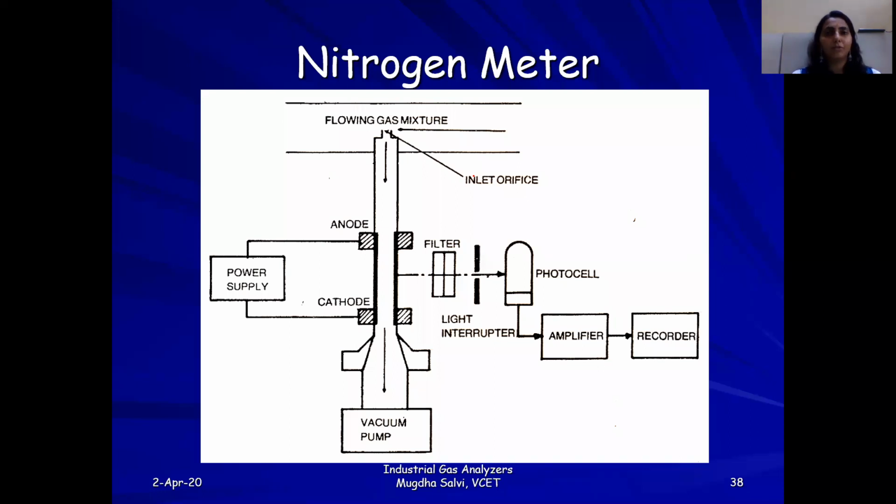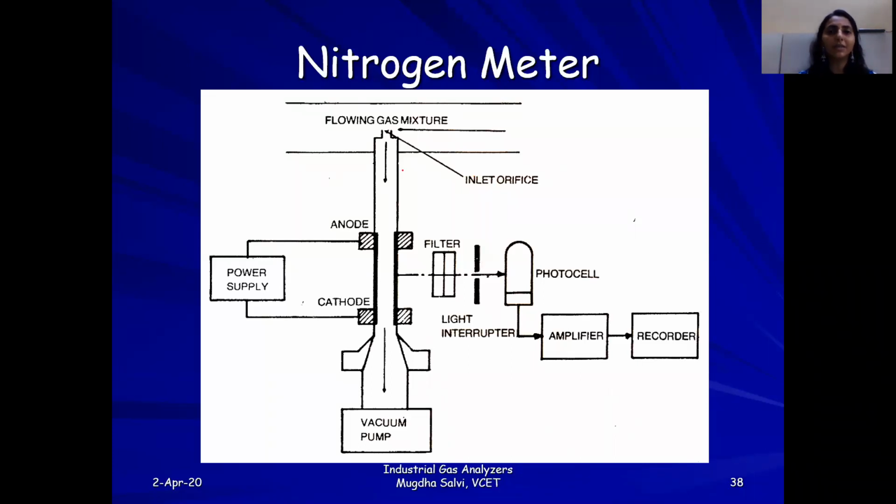Now, this nitrogen is going to give out some radiations when it ionizes or when it excites, as would be the case in UV or visible radiation spectrometry. So this is a type of spectrometry only. Here nitrogen gives out a very sharp purple color. So we have to identify that purple color, and the intensity of that purple color will actually tell us how much nitrogen is present in the gas mixture.